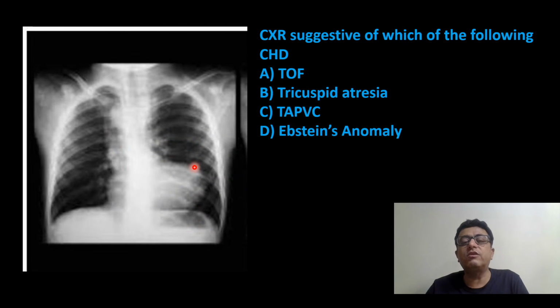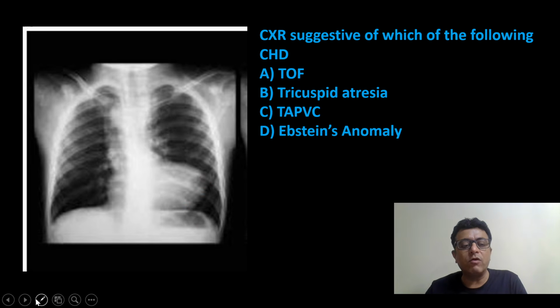Now concentrate on this fourth image. X-ray suggestive of which of the following CHD? Is it TOF, tricuspid atresia, TAPVC, or Epstein? Just see what we are looking at in this X-ray. The heart is not enlarged, but we are seeing that this apex is lifted up.